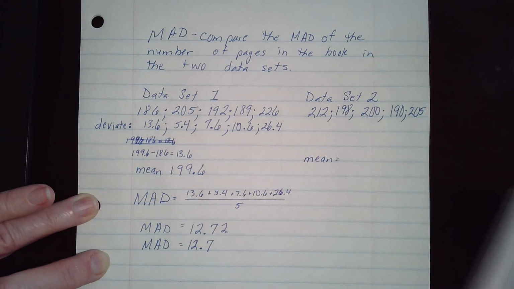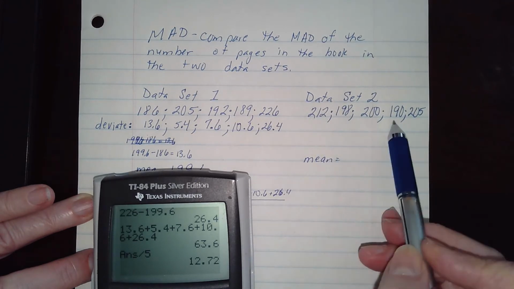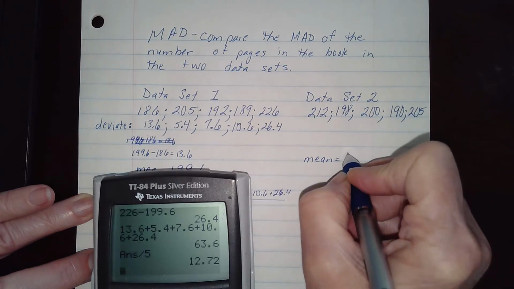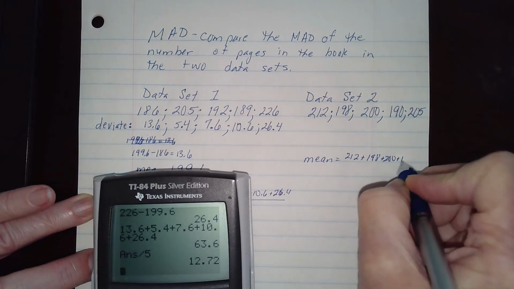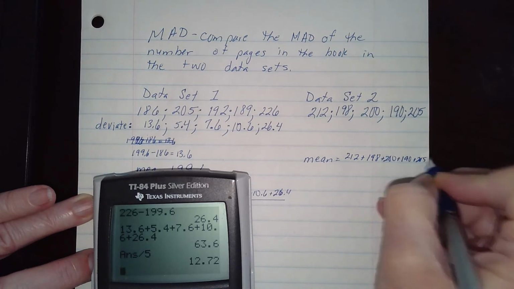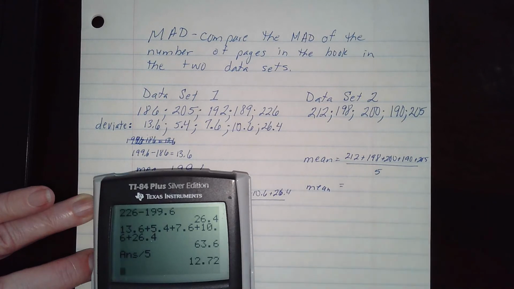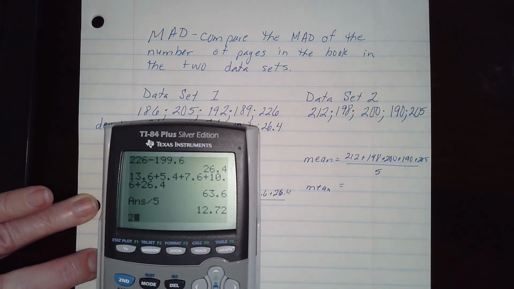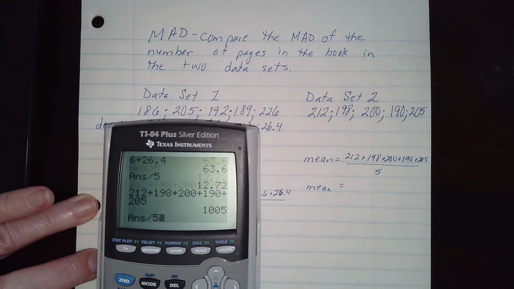of our second data set. Our second data set is 212, 198, 200, 190, and 205. So the mean would be 212 plus 198 plus 200 plus 190 plus 205, divided by 5, for a total of 1005, dividing that by 5.